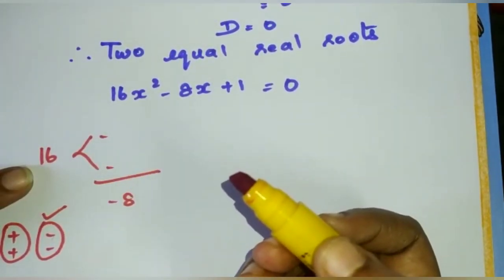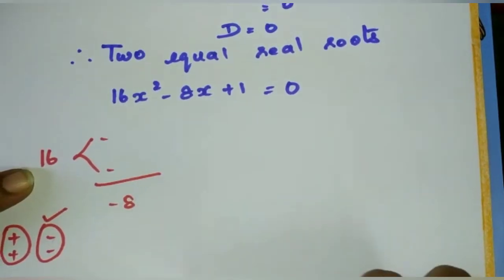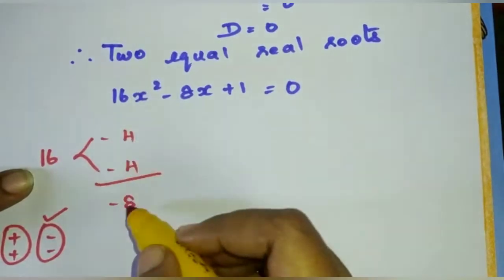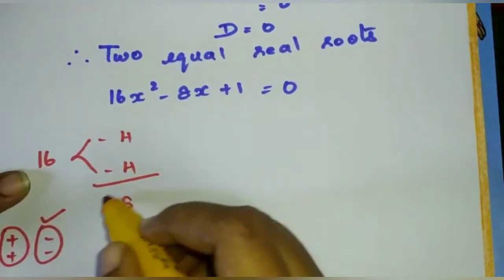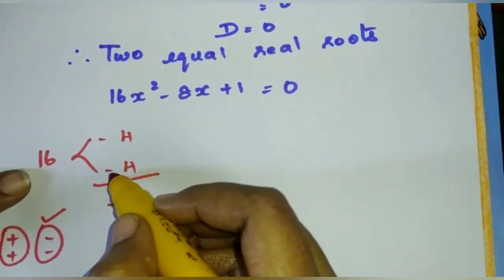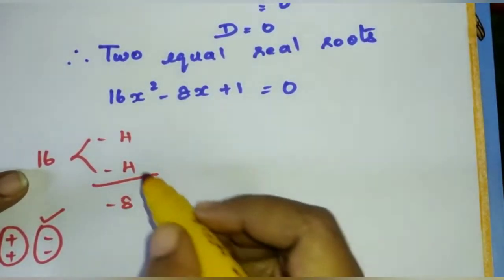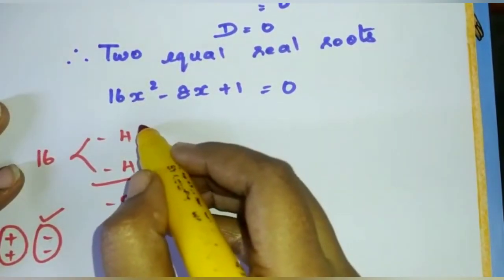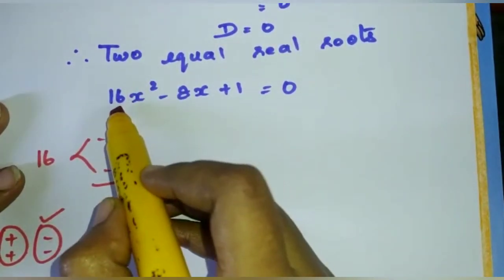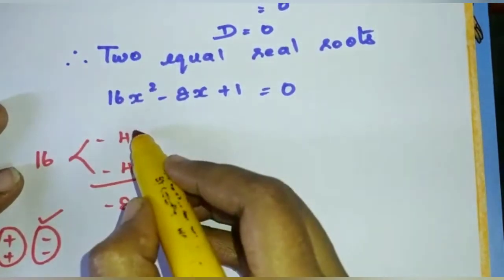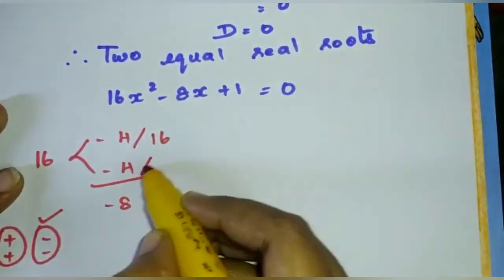So how will you get 16? 4 4s are 16. And shall we check whether we are getting minus 8? Both the signs are the same, so you have to add. So 4 plus 4 is 8. Then check whether you have any number with the x square term. Yes, we have. So divide by 16.